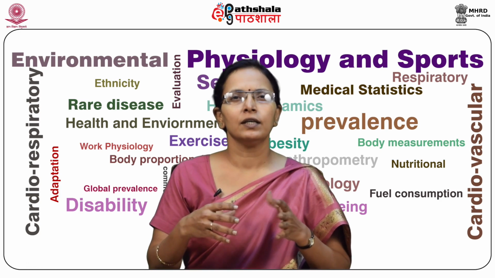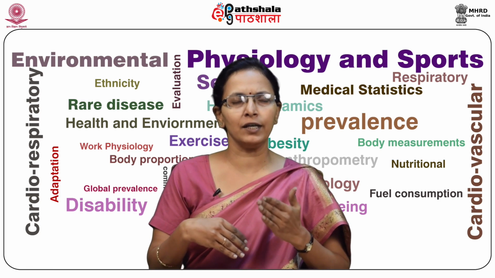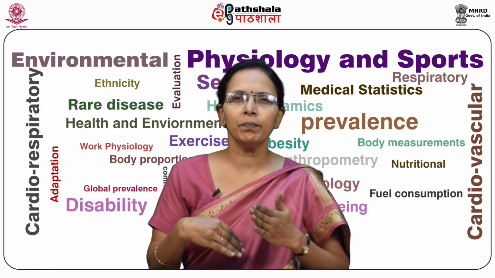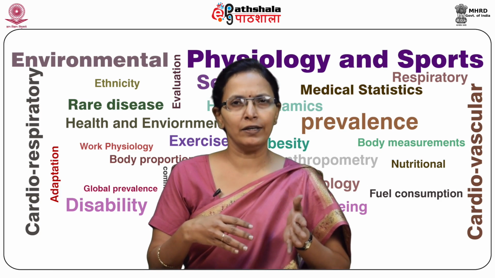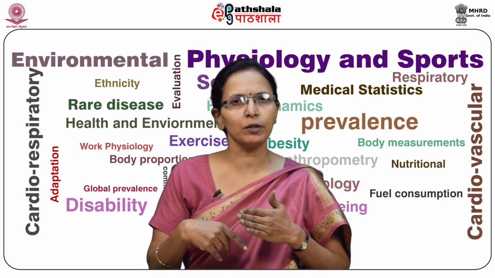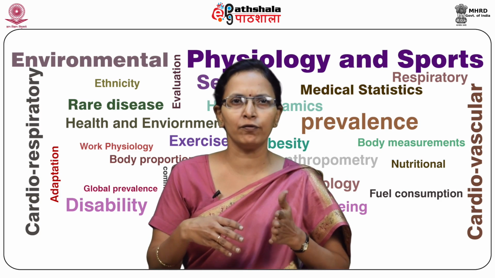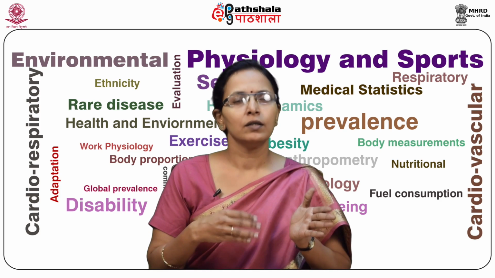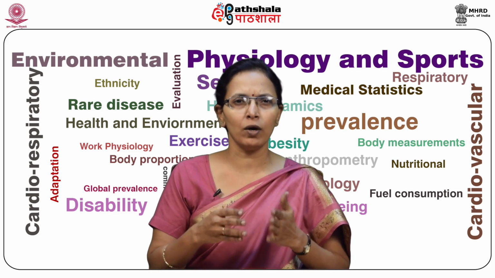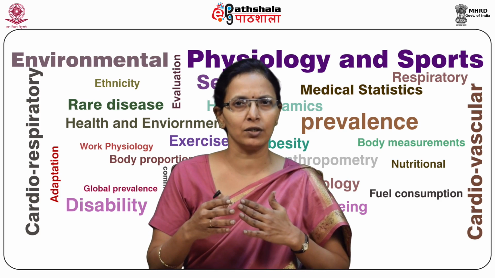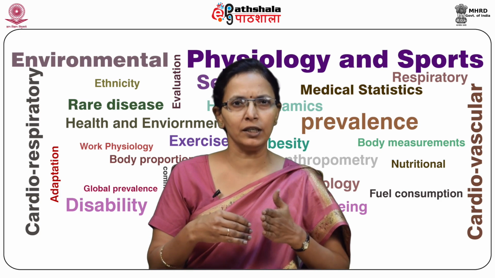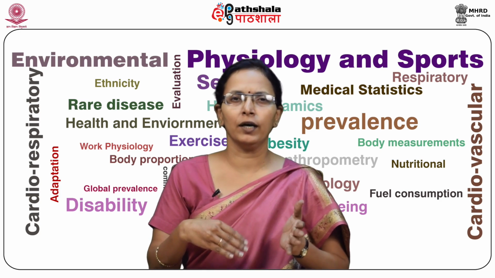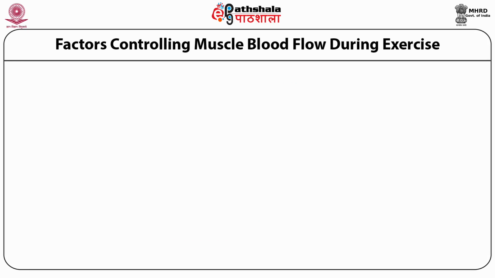For instance, if we reduce the blood vessel radius to half, the blood flow declines by 16 times. Conversely, doubling the radius of the blood vessel would increase the blood flow 16 times. This indicates that even a small degree of vasodilation or vasoconstriction of our blood vessels could alter the regional blood flow in our body. Let's see the factors which control the muscle blood flow during exercise.